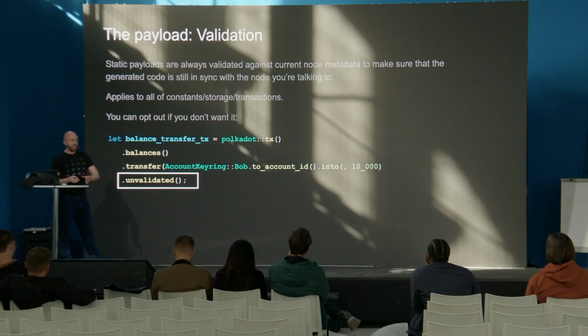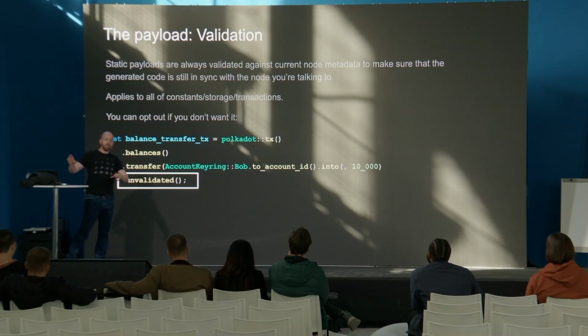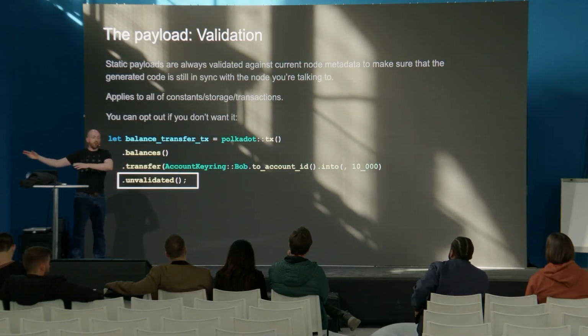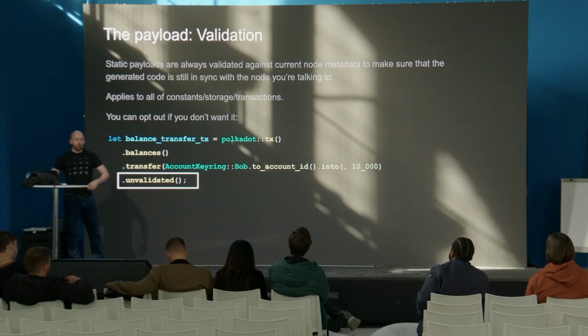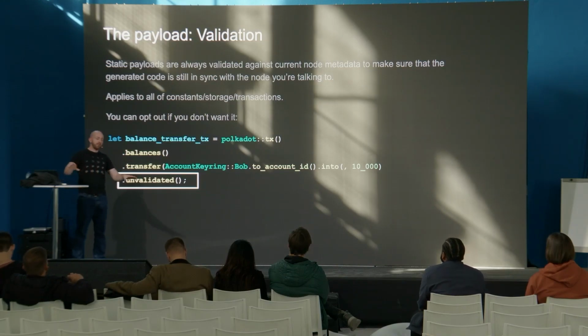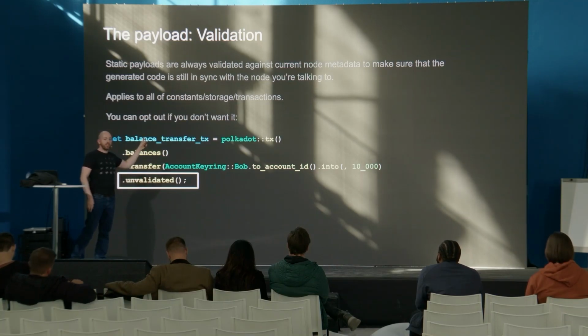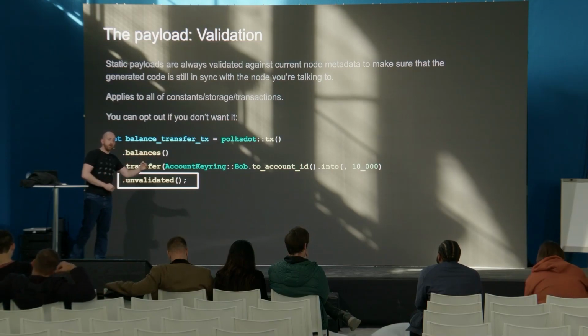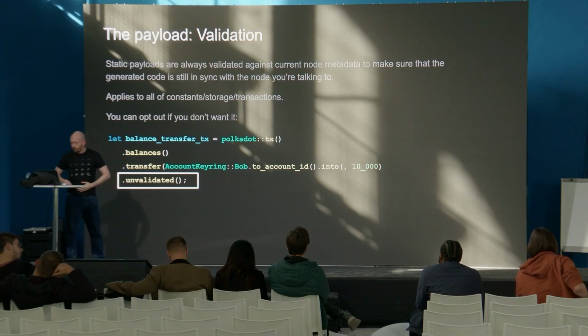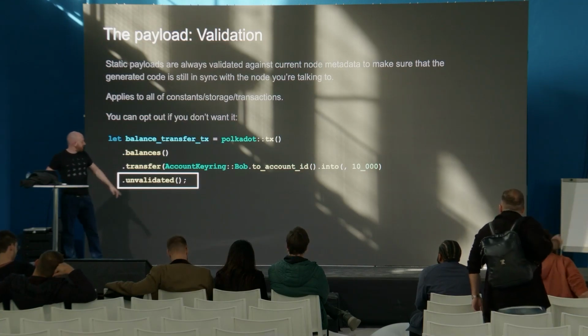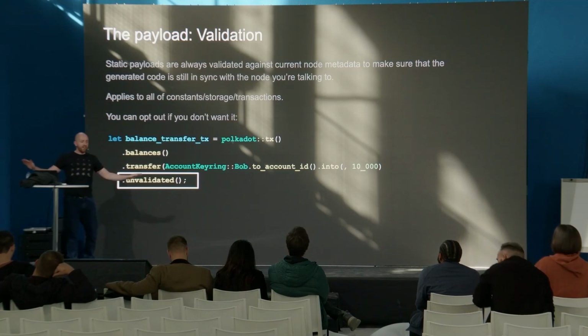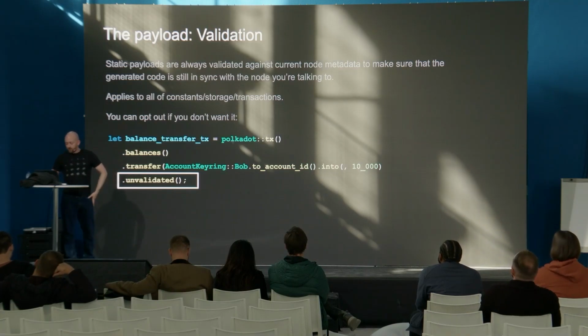What that means is if the node has changed in the meantime, if the signature of the specific transaction you're trying to send has changed, if any of the types have changed, then before we try submitting that to a node and potentially having some weird breakage or something going wrong that you don't want to go wrong, you'll get an error back saying, hey, hold on, the signatures have changed, so you might want to do something about that. What that probably means is you might want to regenerate your static interface and bring your client code up to date to match the current node code. However, if you don't want stuff to be validated, you can opt out quite easily and just say, I don't care, send it off, let's just see what happens.